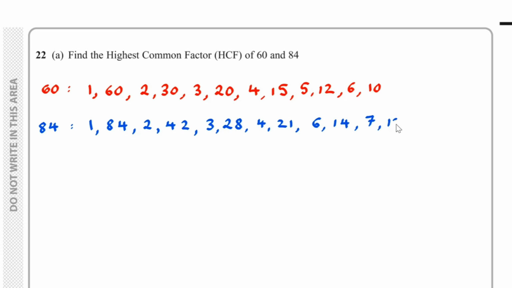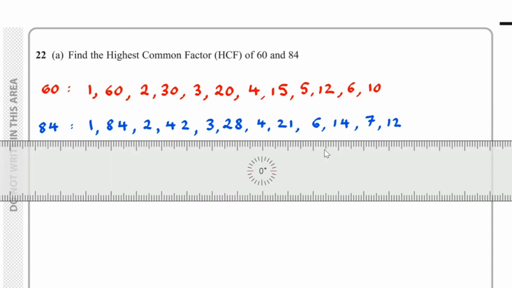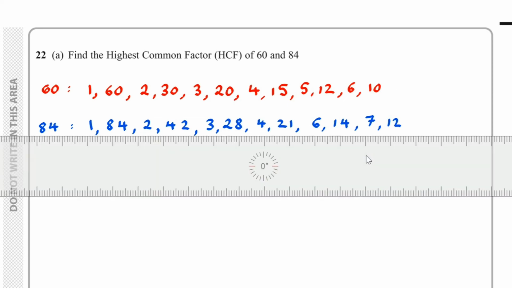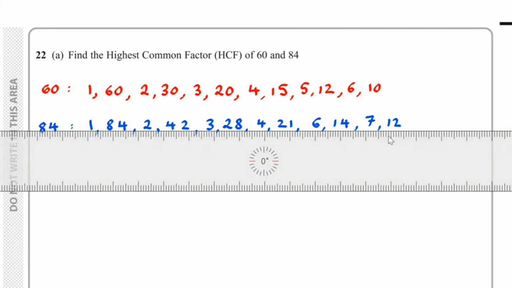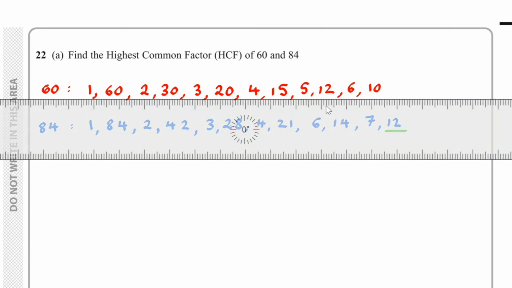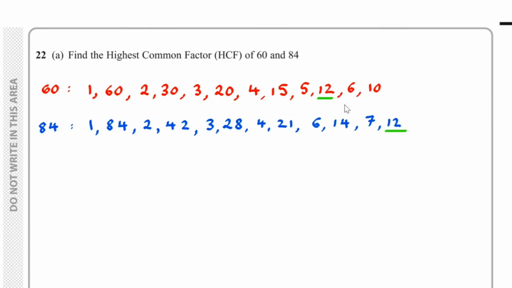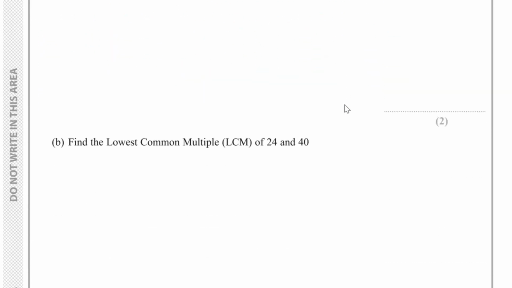And 7 times 12 gives 84. And so when we come to find out the highest common factor of 60 and 84, well, clearly what goes in both is the 12. And so therefore 12 is the highest common factor.